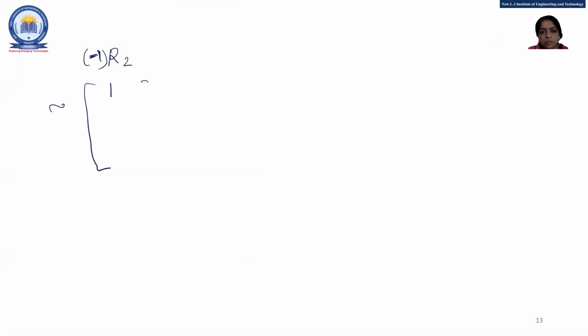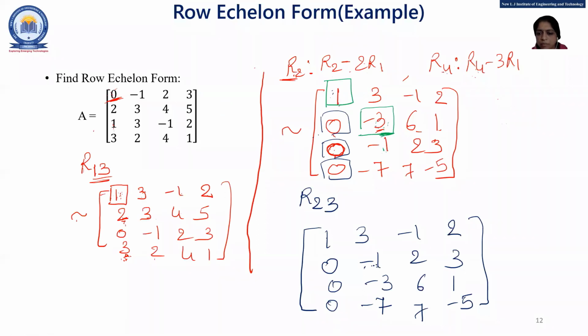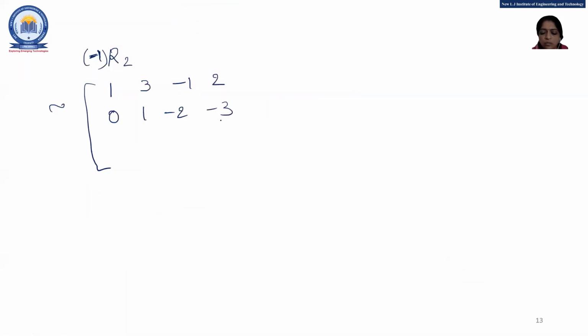That is 1, 3, -1, 2. Here by multiplying second row with -1, this is 0, 1, -2, -3. See, I am multiplying my second row with -1. So this -1 is converted into the 1. This is converted into the -2 and this one is converted into the -3. So 0, 1, -2, -3. Here 0, -3, 6, 1. And this is 0, -7, 7 and -5, right?